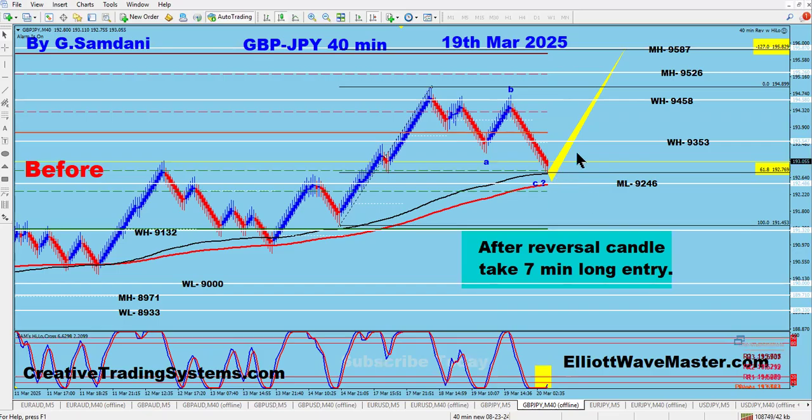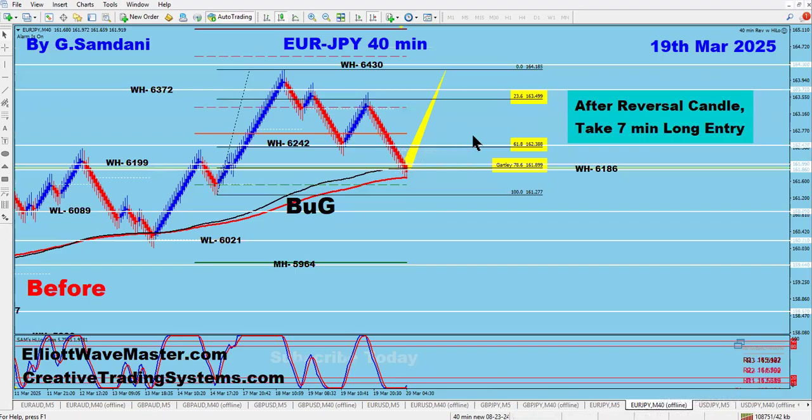So this is how it is. From a 7-minute entry or 20-minute entry, we go to this level here, and then you have a shot at a 100 pip trade easy today on this one. Similarly, euro yen as well, right? So far it has done 66, but the daily range is 166.